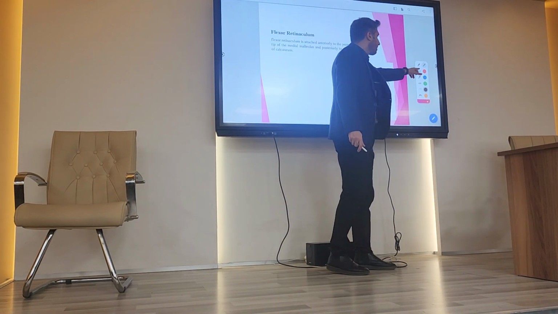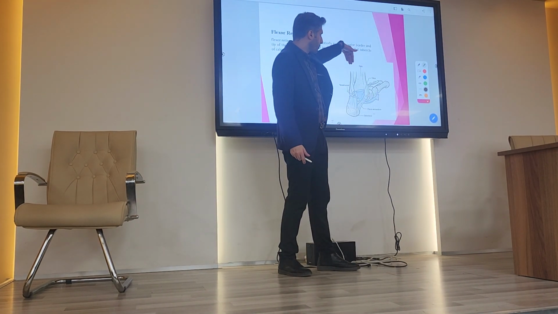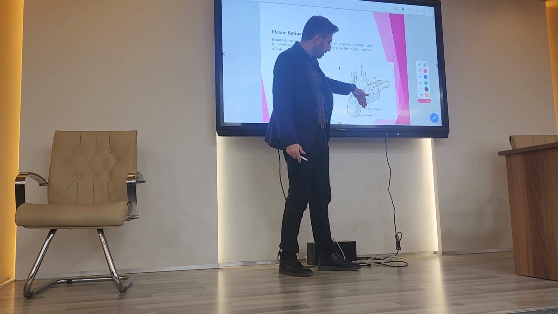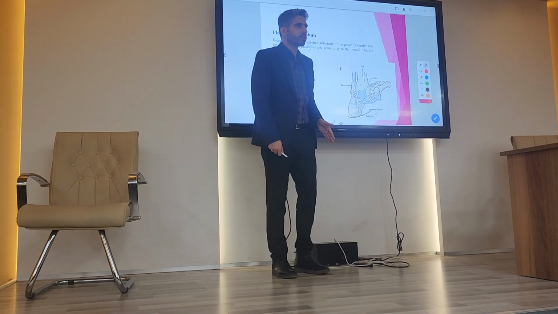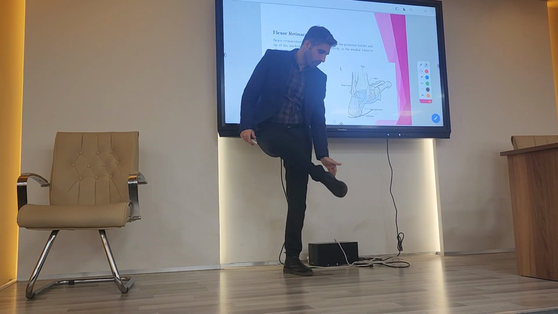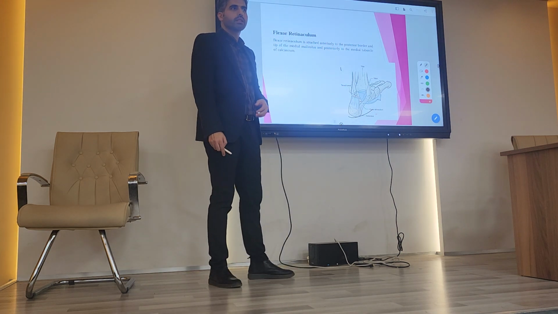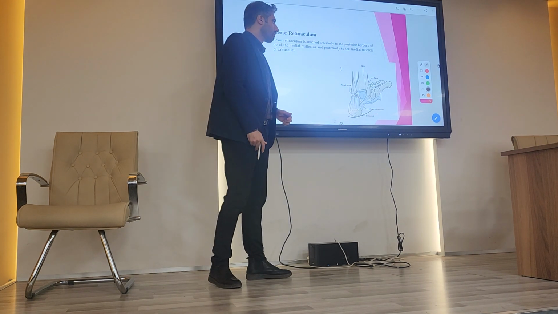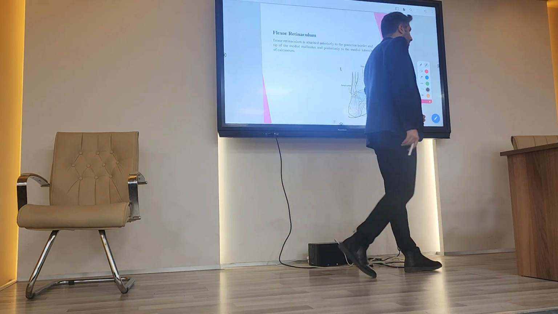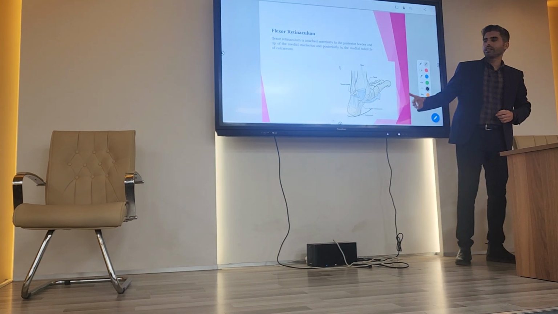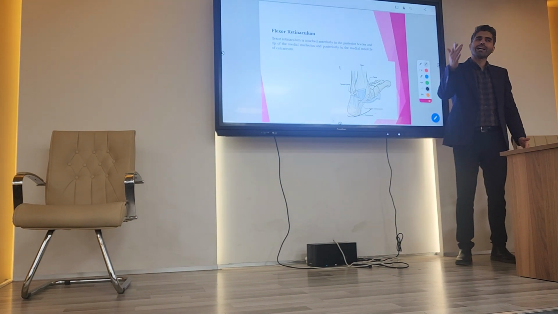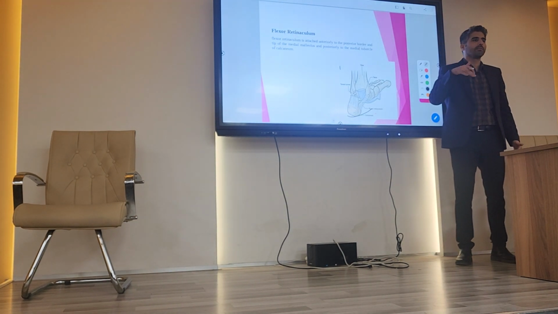Look at this arrow. Structures from the posterior compartment go to the plantar surface. This tunnel is the tarsal tunnel. So what are the structures inside this tunnel, from lateral to medial? It's important.